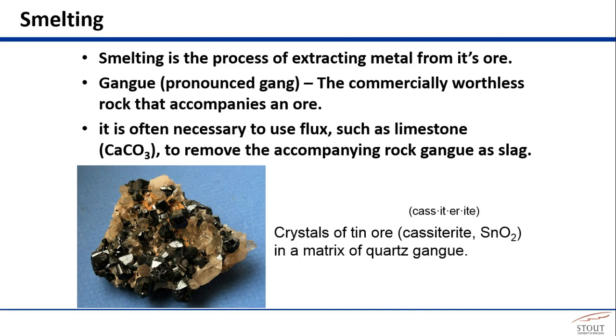So if you dump into a blast furnace iron ore and coal to make carbon monoxide and limestone, a few things happen. The first thing that happens is the limestone helps dissolve and glassify the silicates. And the glass is less dense than the molten metal, and so it rises to the top as slag.